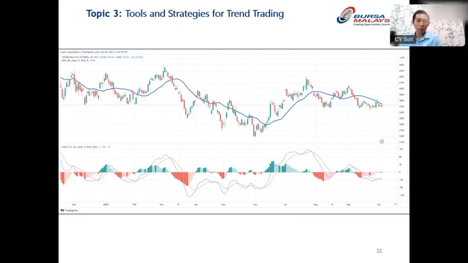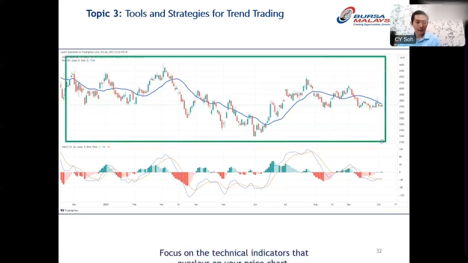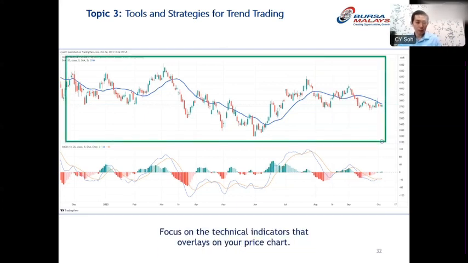So very simple, how to know your indicator is a trend-based indicator: a trend-based indicator, generally speaking, would be attached directly on your candlestick chart. Most of the time this would be a trend-based indicator, whereas all other indicators that fall underneath your candlestick chart are most likely momentum or even oscillator indicators.